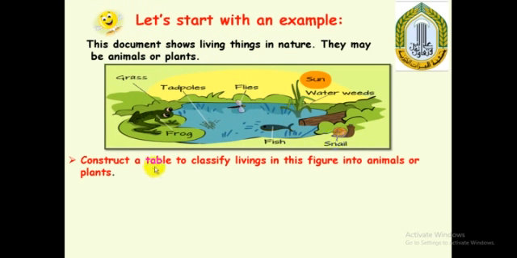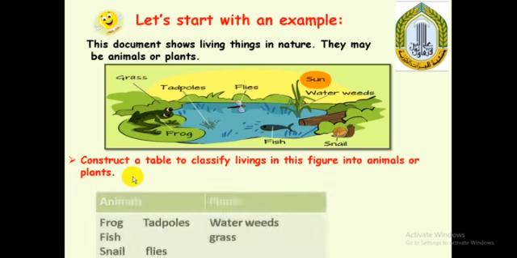We have to construct a table to classify living things in this figure into animals or plants. So, in the question, they are telling us that it is a classifying table. For this, we have to draw two columns as we said, put a subtitle for each, and classify each group as animals or plants. Okay, let's see.